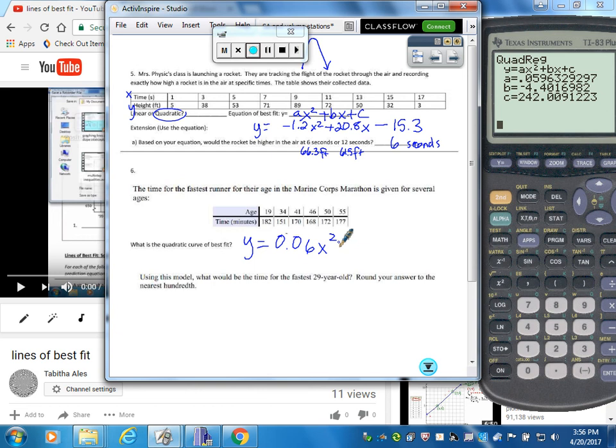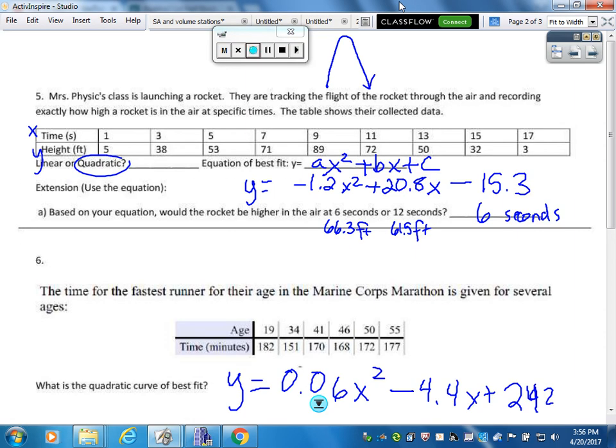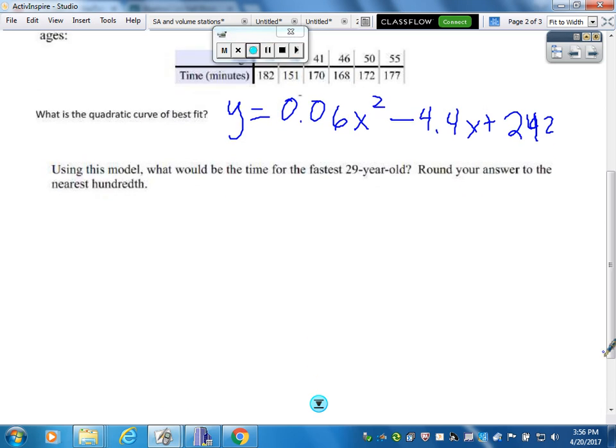Plus our bx, which is not going to be a plus, it's going to be subtract because we've got a negative value right there. So 4.4x, and then plus the c right there, 242, and we're going to leave it there because it's just going to round to 0.04. All right, back to full screen. So we've got our equation ready to go. There it is, check yours.